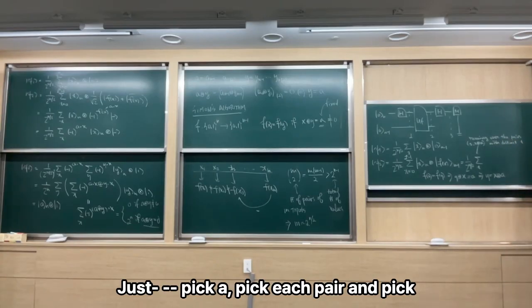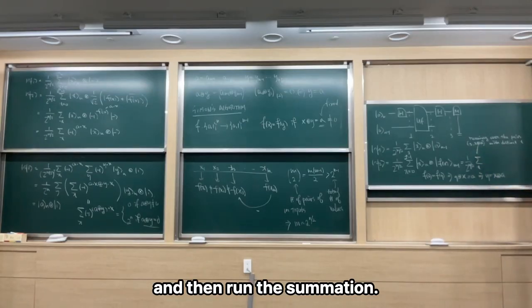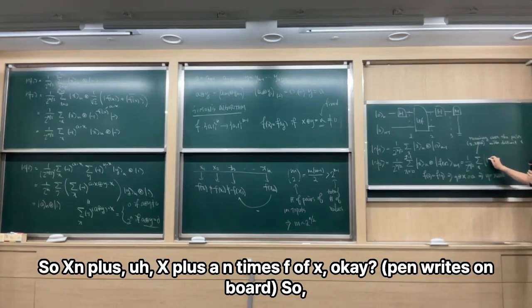Just pick each pair and pick one of the elements in the pair and then run the summation. That's what I mean. So (|x> plus |x plus a>) times |f(x)>.